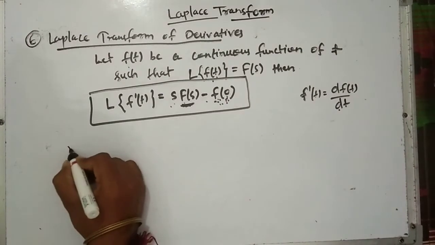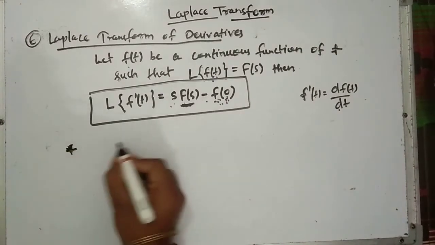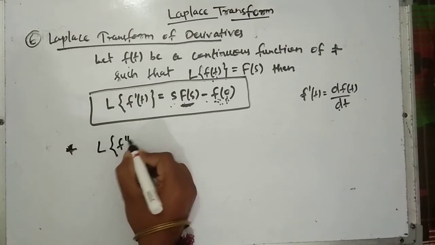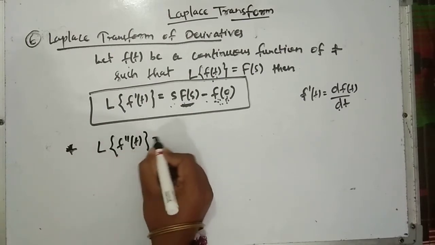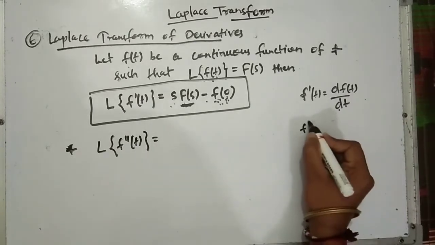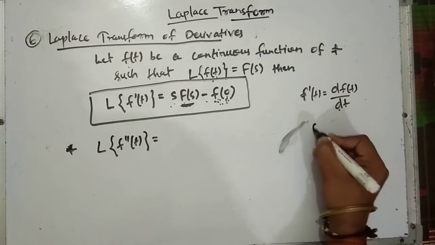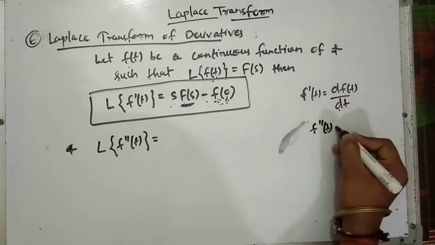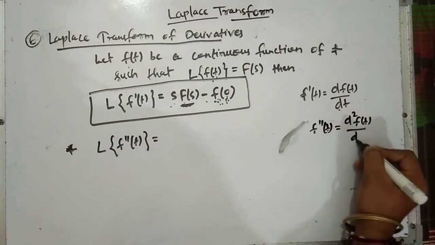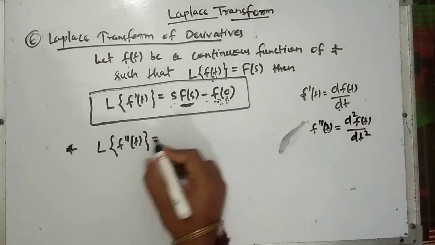Now, what will be the Laplace transform of the double derivative? L of f double dash t, and f double dash t is the double derivative of f(t), that means d square f(t) upon dt square.